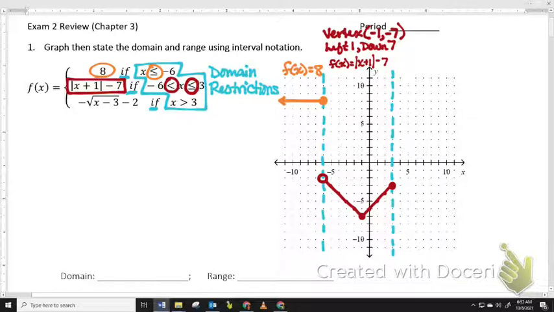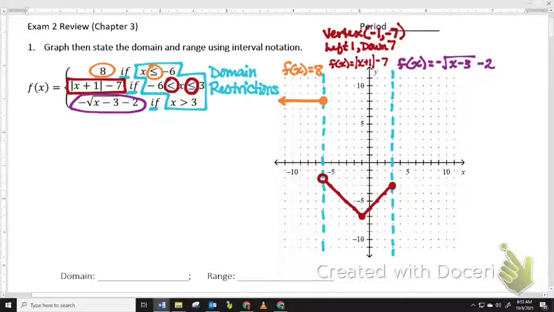And then last but not least, we have a square root function that's going to be on the far right. F of x equals negative square root of x minus 3 minus 2.